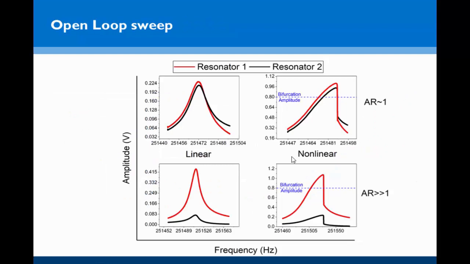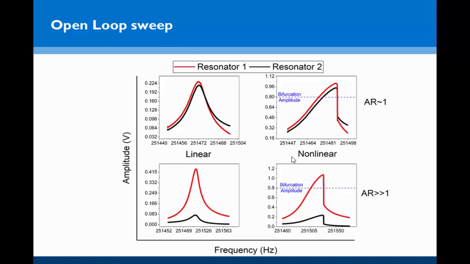So we wanted to understand more about why this is essentially happening, and this also is directly a reason why, from our drive and sense configuration, essentially, it's a byproduct of that.